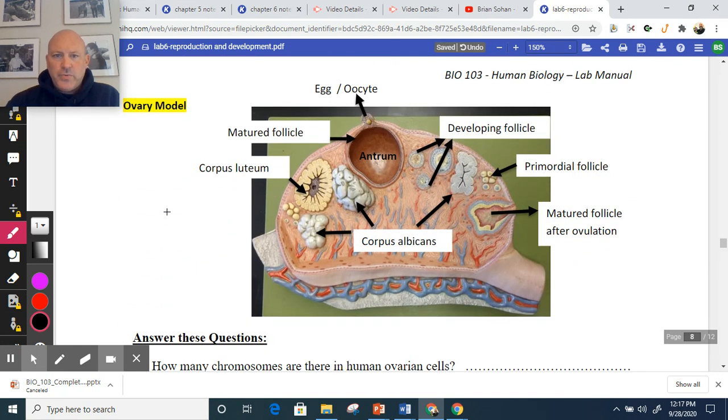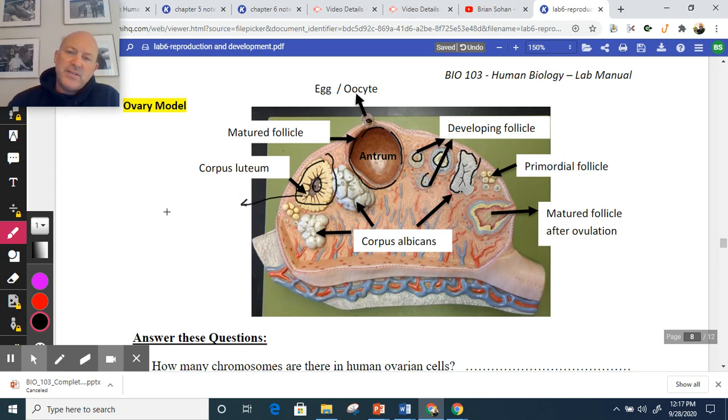All right, so here we see a Graafian follicle right at the site of ovulation, so the egg cell is being released. We see a large fluid-filled antrum. Over here, we see smaller developing follicles. After ovulation, we see a clear, nice corpus luteum. The corpus luteum would be releasing progesterone.